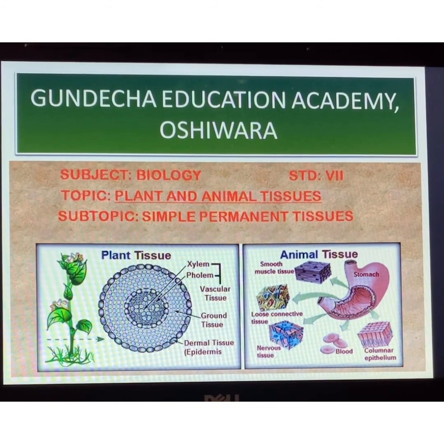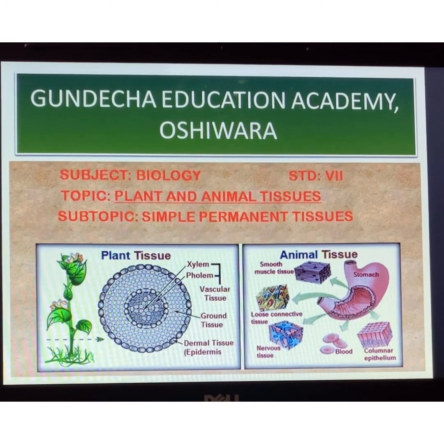Simple permanent tissues again can be further categorized into two. What are they? Dermal or protective tissues and ground or supporting tissues. I hope all of you have revised and understood that very well.